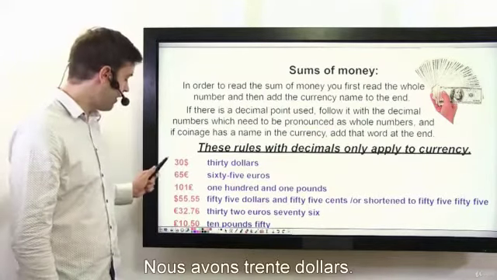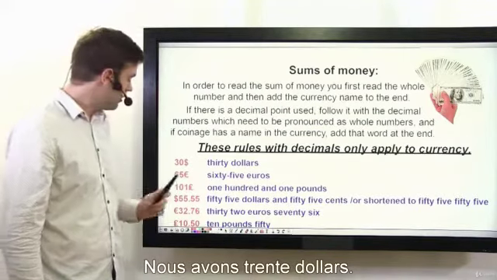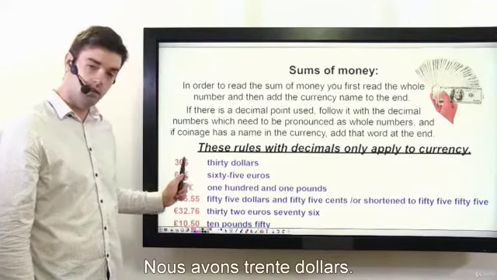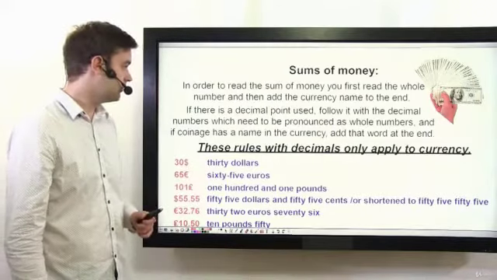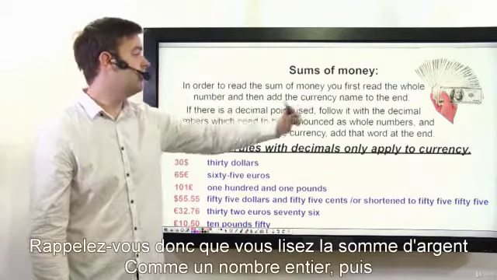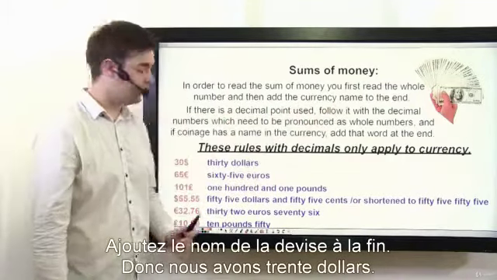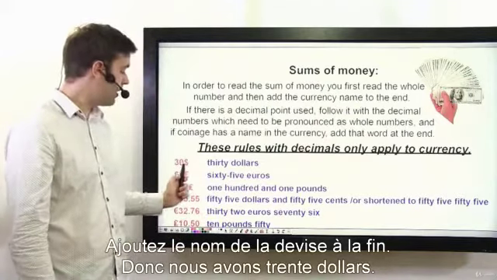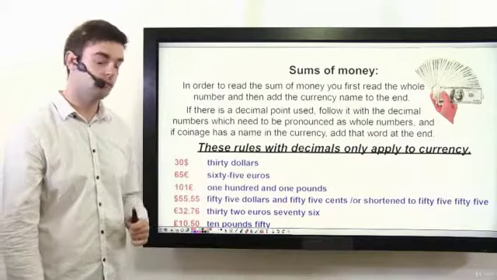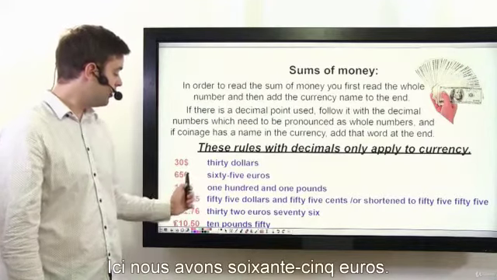Here we have $30. So remember, you read the sum of money as a whole number and then add the currency name to the end. So here we have $30. Here we have 65 euros.